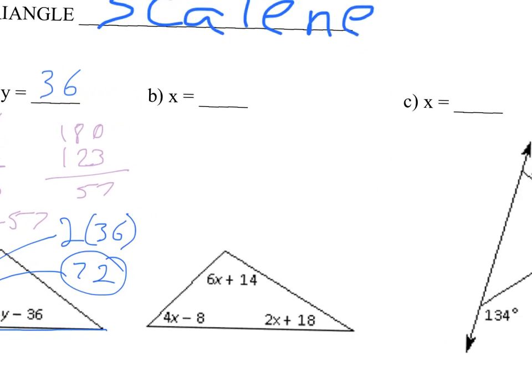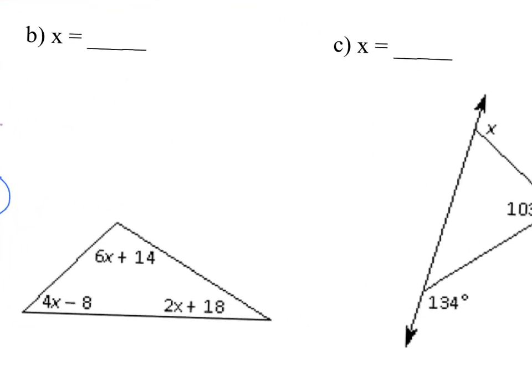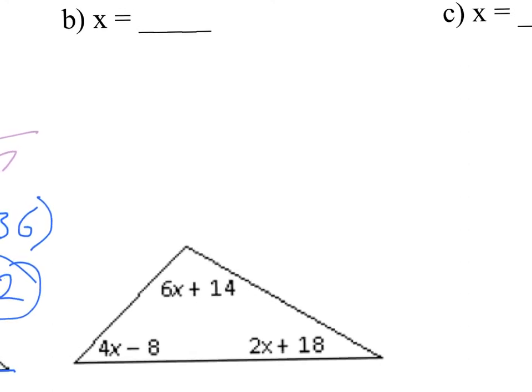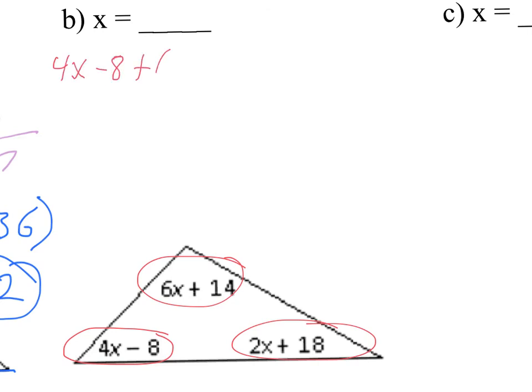Okay, let's look at B. Well, this triangle, all the variables are x, so I know that when I add all three angles up, they're going to equal 180 degrees. So 4x minus 8 plus 6x plus 14 plus 2x plus 18 equals 180 degrees.